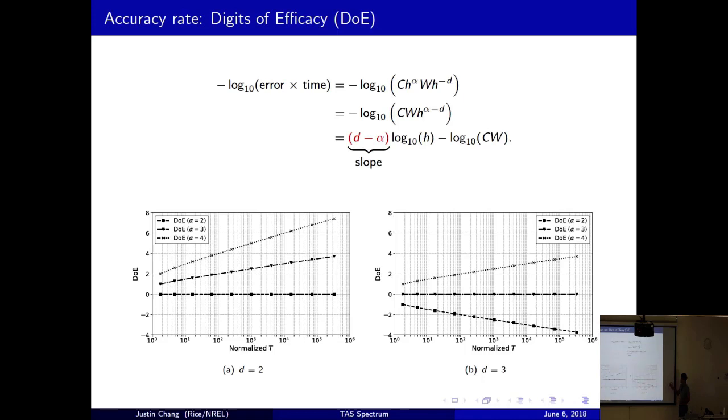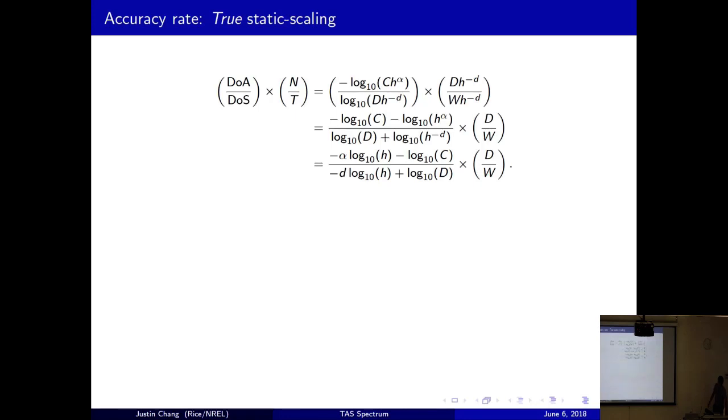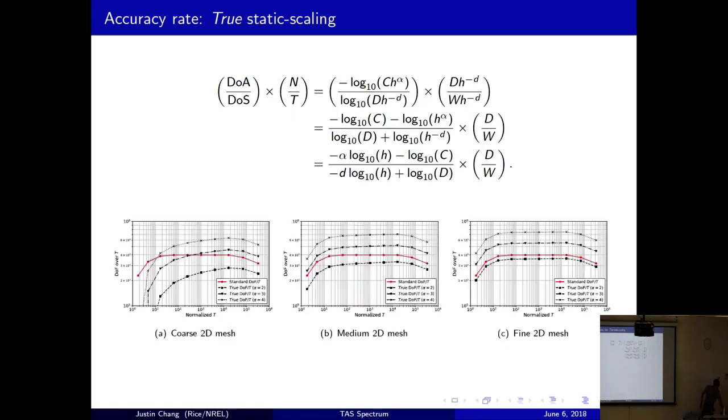So don't be surprised, for example, if you see your standard Galerkin finite element method going down when you are doing a 3D Poisson problem. And so the true static scaling metric: we take the digits of accuracy over the digits of size, and multiply that by the degrees of freedom per time, and we come to this final equation here. We notice that as h size approaches 0, that fraction will approach alpha over d.